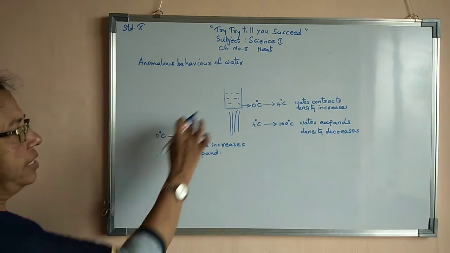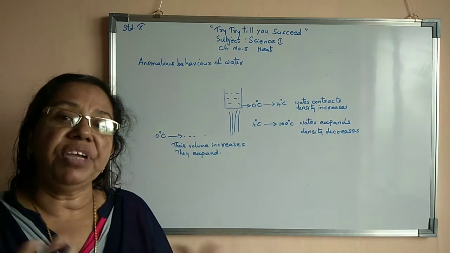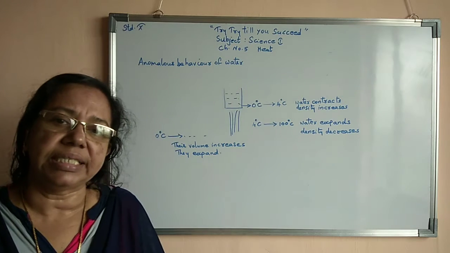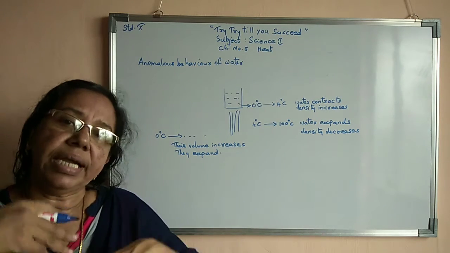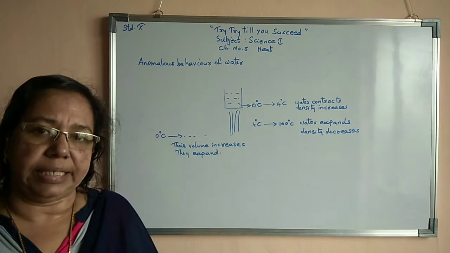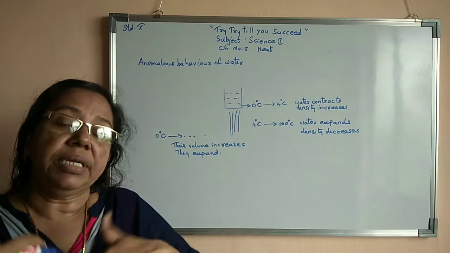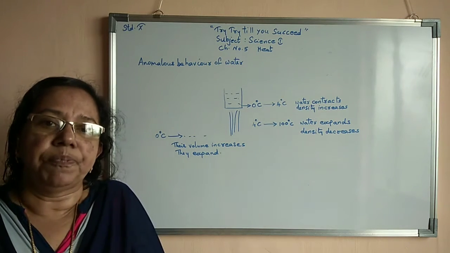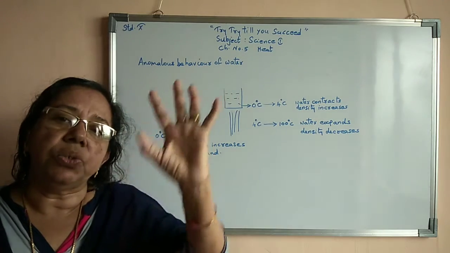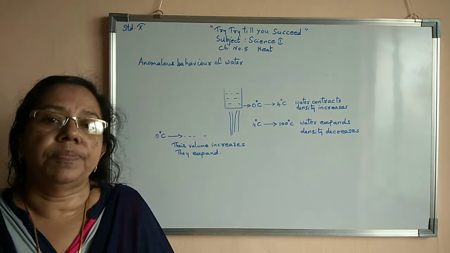This is the special character shown only by water. If we heat any other substance, from 0 degrees Celsius or any higher temperature, as and when we heat, it starts to expand. Its size starts to become more.